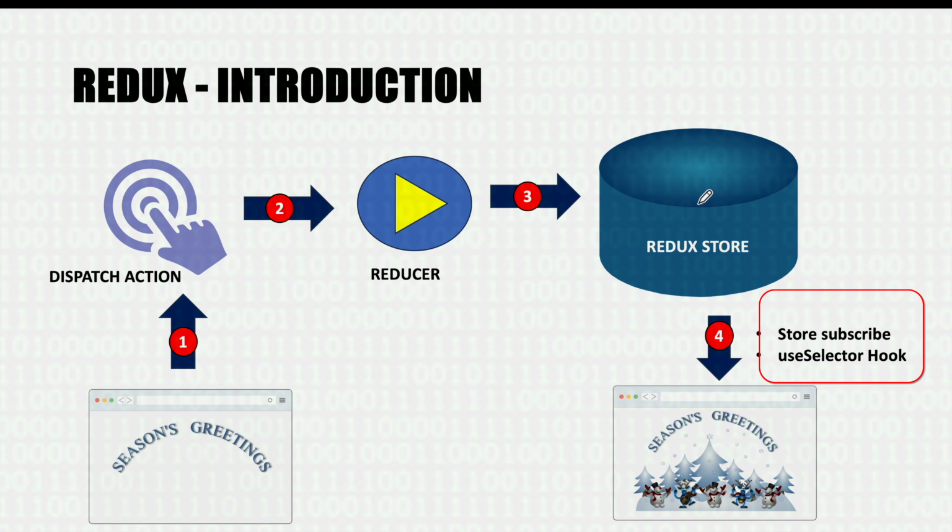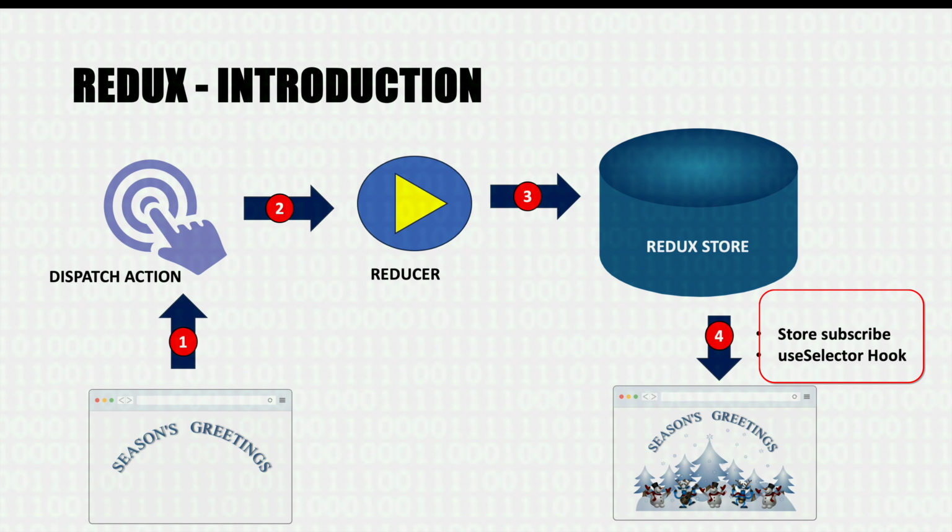Now, once we have the state in the store, we can act on this state via either store subscribe, or the useSelector hook in the case of functional components. So the subscribe method is a fundamental part of the Redux store.